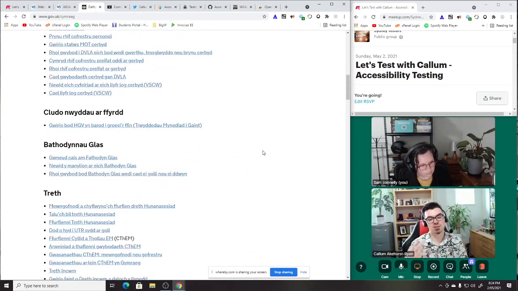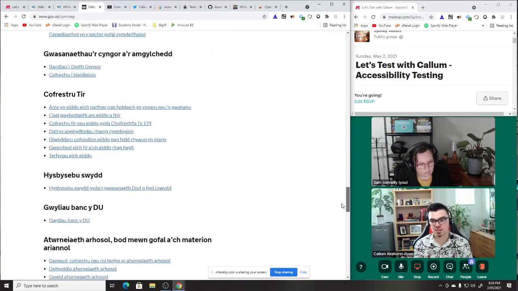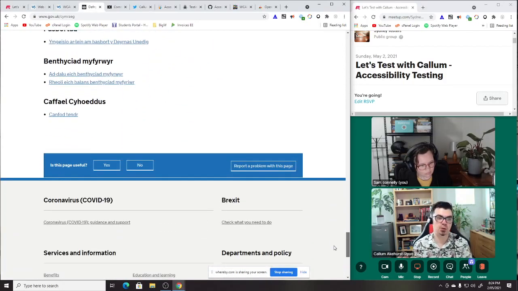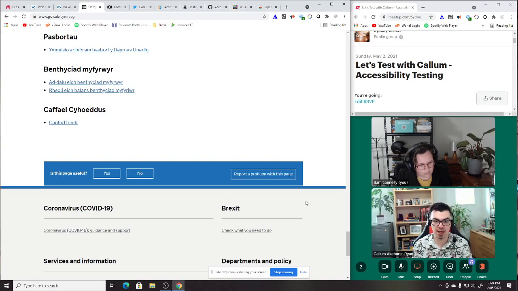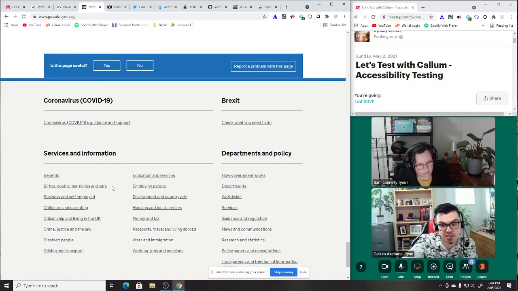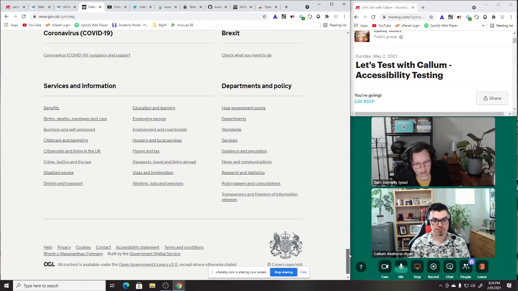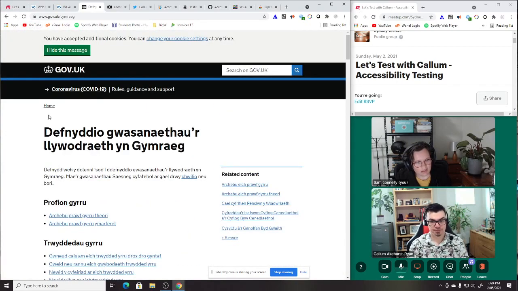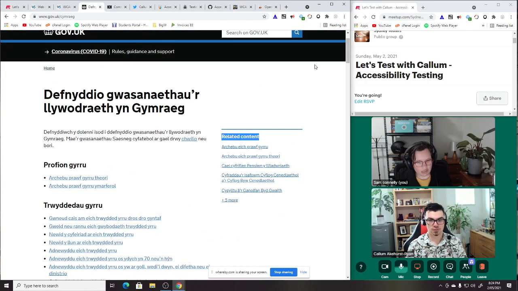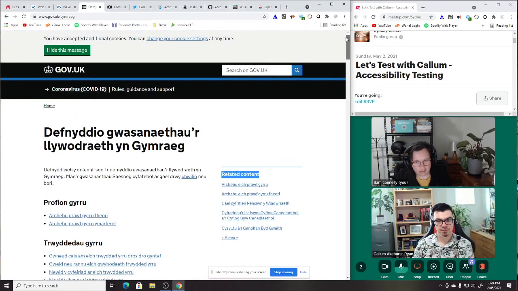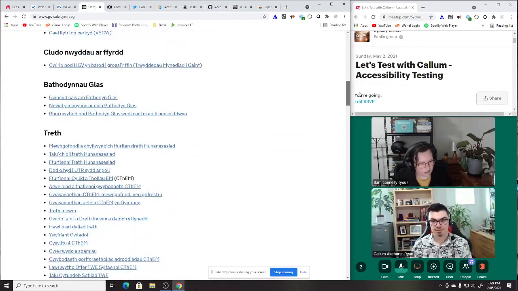Now, we may be able to say, okay, but Welsh speakers' second language is always English, so there won't be a problem there. And there's loads more here that hasn't been translated. Basically the whole footer is not. It looks like the header and the footer, like this section here. Actually, this is an outlier. It might be a term that's used broadly enough on the internet that you can kind of get the context.